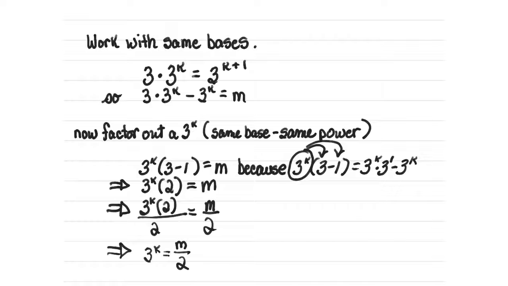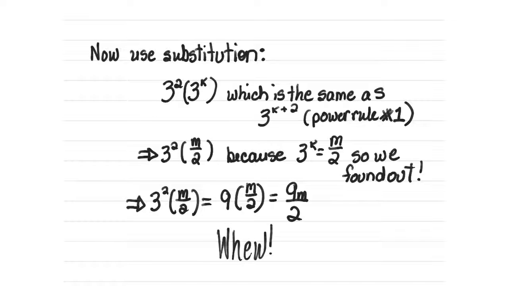Well, we need to get that 3 to the k by itself. And so I'm going to divide a 2 out of both sides, and 3 to the k then equals m over 2. All right, we did what we did so that we could actually finally answer the question.